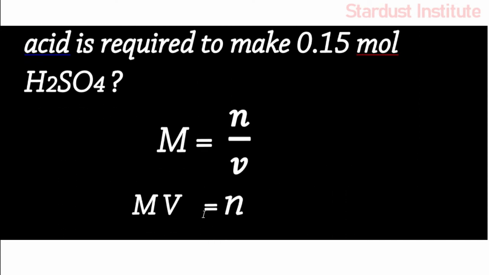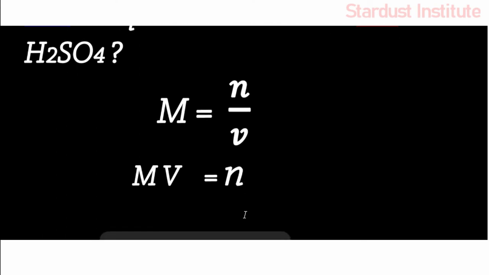M times V equals n. Now we should divide both sides of the formula by M, because we need to keep V alone on the left-hand side.